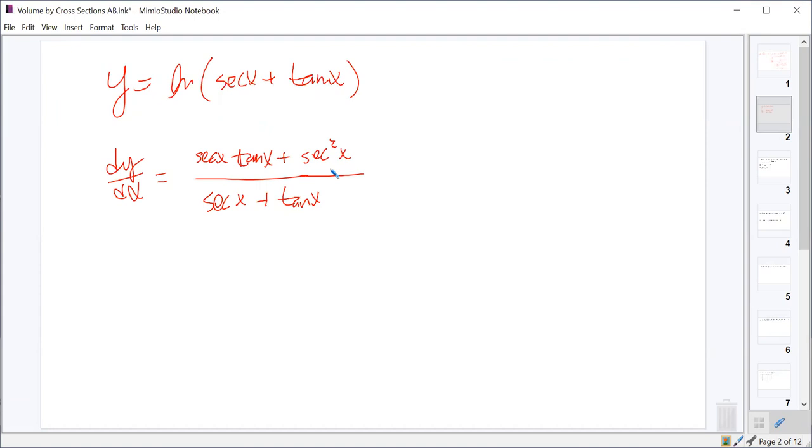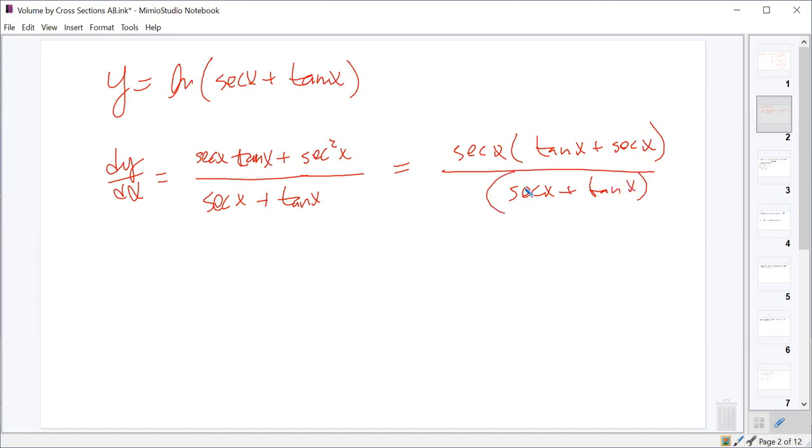And looking at the answer choices, none of them look like that. So then I'd look at my numerator and see what I can factor out of it. And I'd say that I can factor out a secant x from it. So that'd be secant x times tangent x plus secant x in the numerator over secant x plus tangent x in the denominator. And then tangent plus secant is the same as secant plus tangent, so those will cancel, and we'd just be left with secant x.